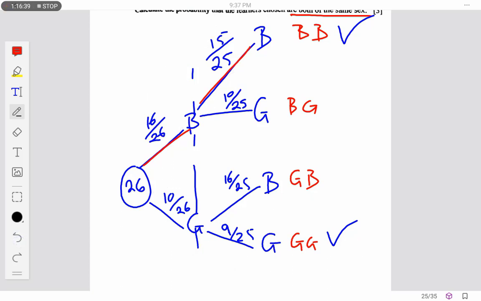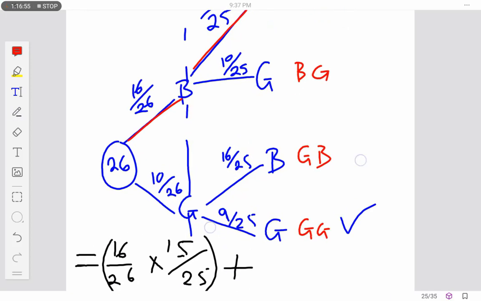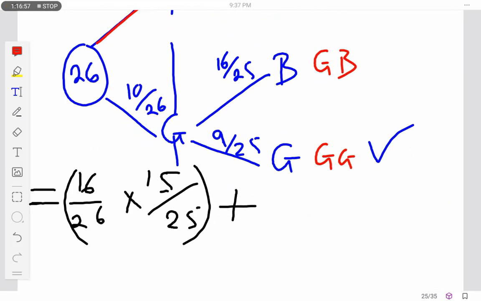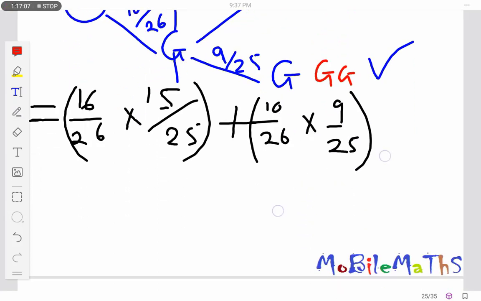So let's do that together now. For the first one, it is going to be 16 over 26 times 15 over 25, plus, for the bottom part here, 10 over 26 times 9 over 25. So let's multiply these together.